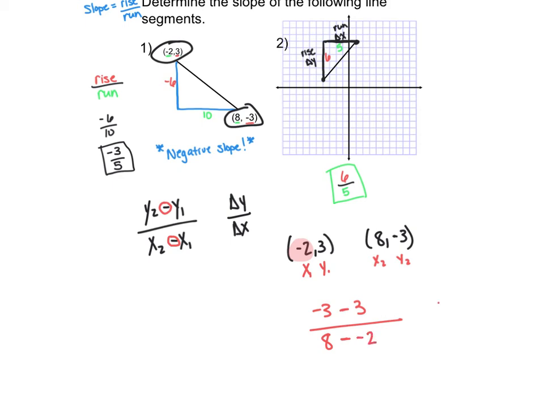Now, as I simplify the top, I get a -6. 8 minus -2 is a positive 10. And I get -6/10 or -3/5, which is the same as the answer I already had.